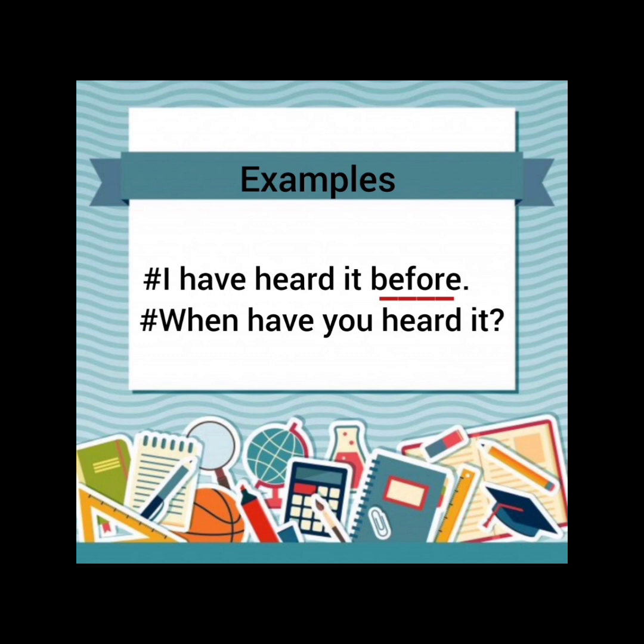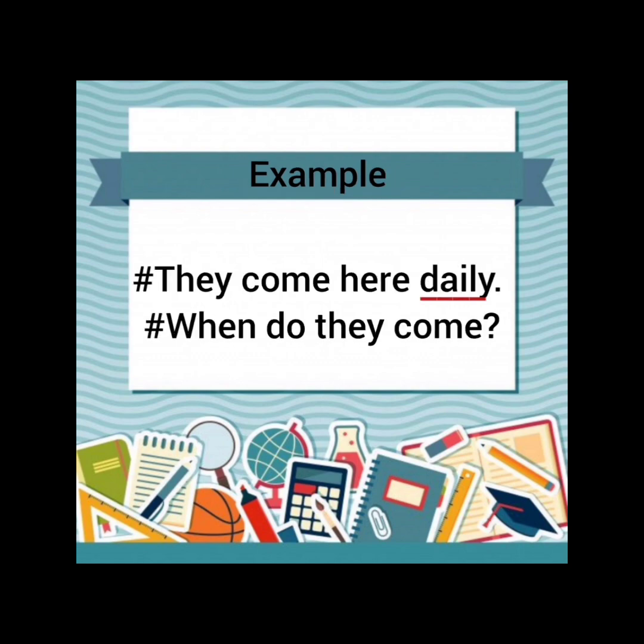I have heard it before. I is the subject, have heard is our verb. It is used as an object, and before is used to modify the action, that is, when have you heard it. They come daily. They is the subject, come is the verb, and daily is the modification of the action, that is, when do they come.